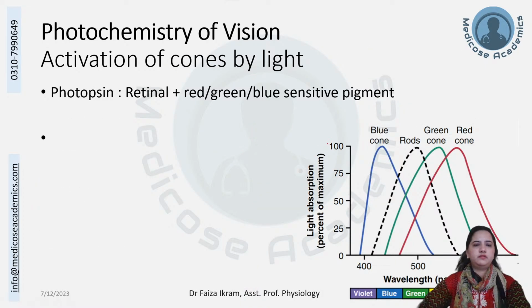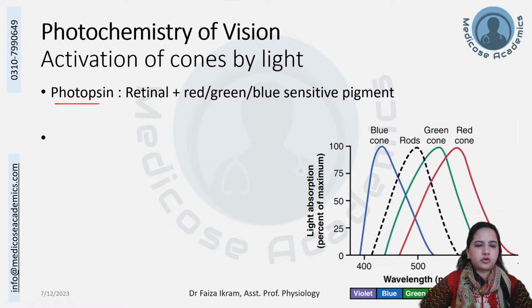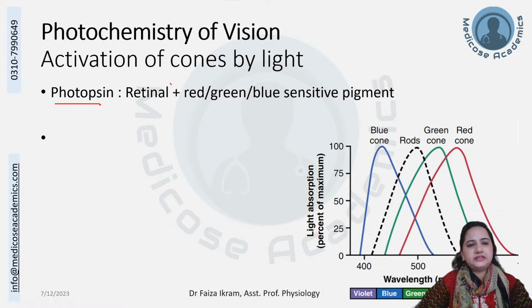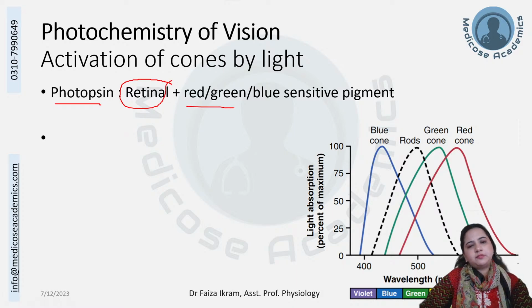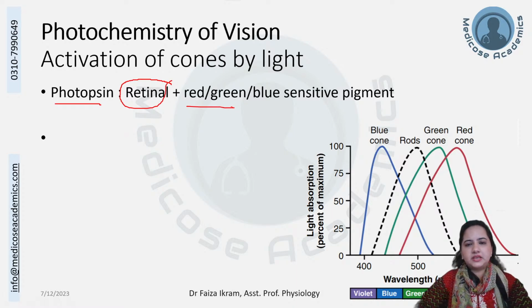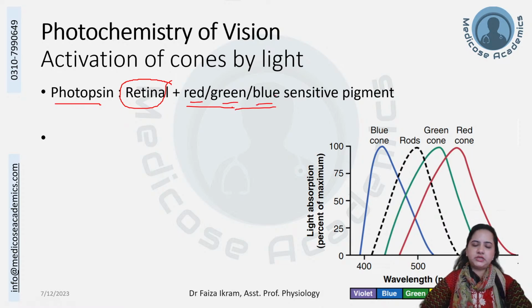So moving on, phototransduction of the cones. Cones again have a photopigment called photopsin, including again the aldehyde portion retinal, and the other portion, instead of scotopsin, is the color sensitive pigment, red, green, blue, for the three cones.